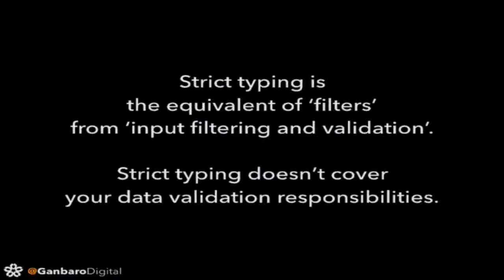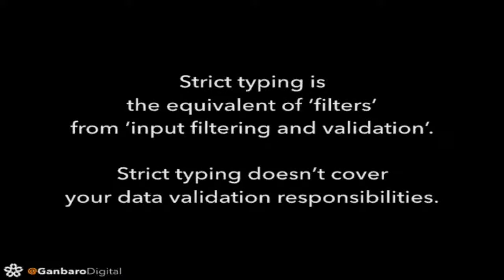How many of you do input filtering and validation for your MVC style applications? And you're familiar, it's a two-step process, I hope. Okay? So input filtering, just make sure you've got a piece of data that the code will actually run against and won't crash out because it's the wrong data type. That's all it does. It makes sure you haven't got nulls. It makes sure you've got integers or strings where you're expecting them. That's all it does.